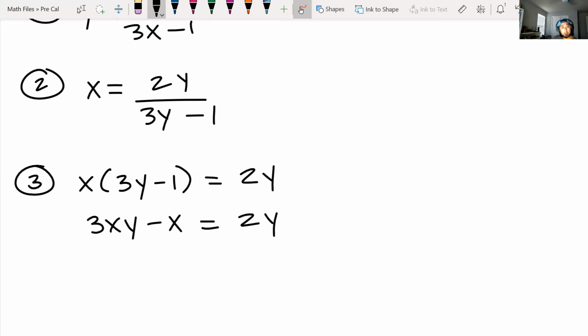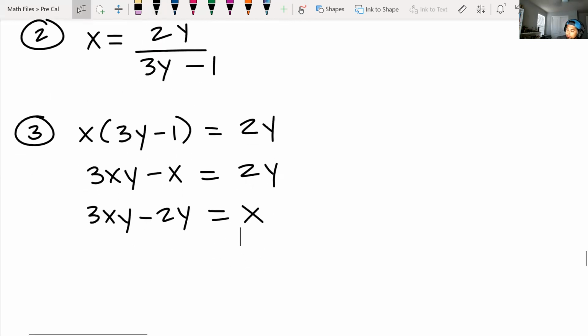What are we solving for? y. Put your y's together. Bring that 2y over. Move that x over. And now what are we going to do on the left side? Factor out the y and then divide.